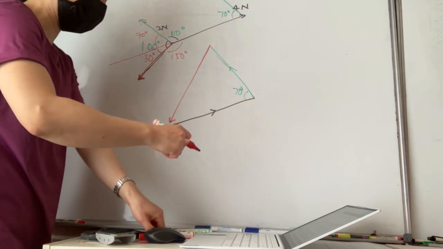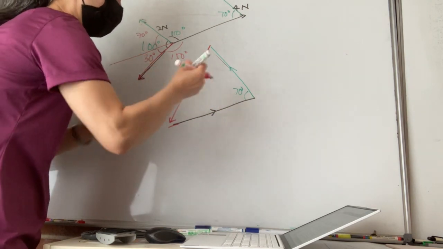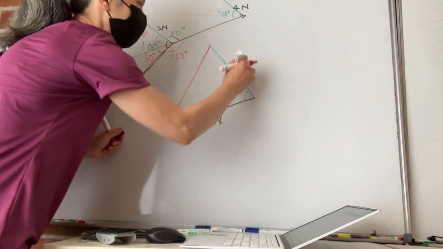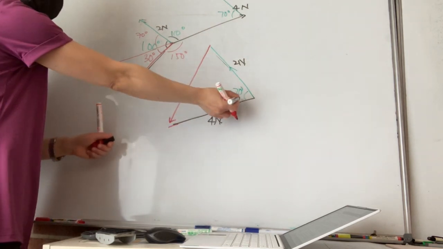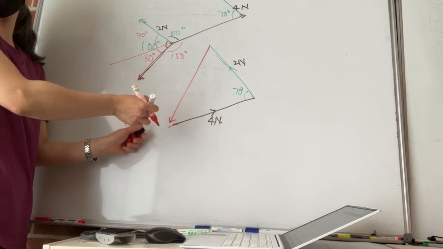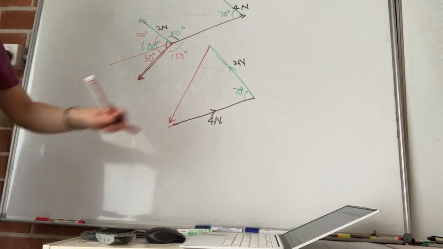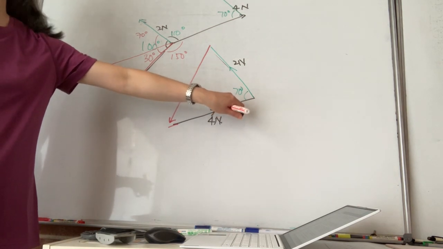So if you have this as, measure it nicely, this is 4 centimeter, 4 Newton, and this is 2 Newton. Then you're able to find this one. Or maybe we should make it a bit nicer to work with. Let's make this into 60.